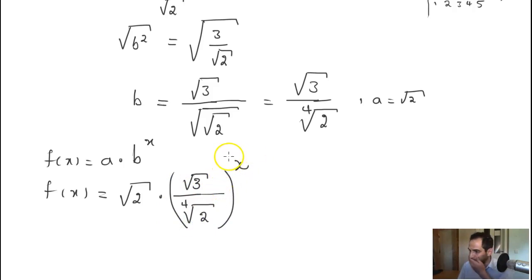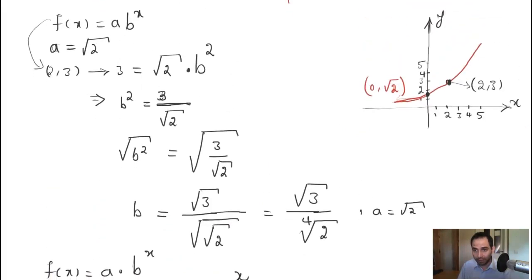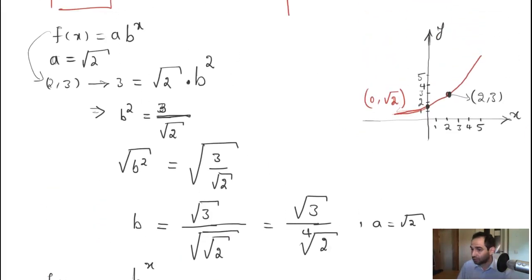And now, basically this is the equation of this function. Now we can test it to see whether that's right or not. Based on what I see in the book, if I can trust the graph, because sometimes the graphs in the book are not that accurate and give you some wrong outputs.